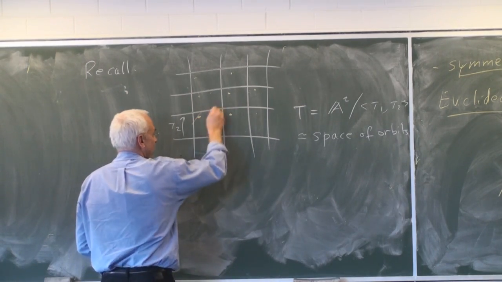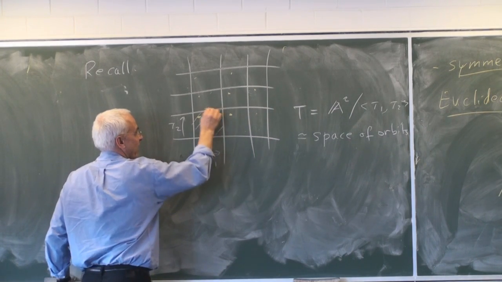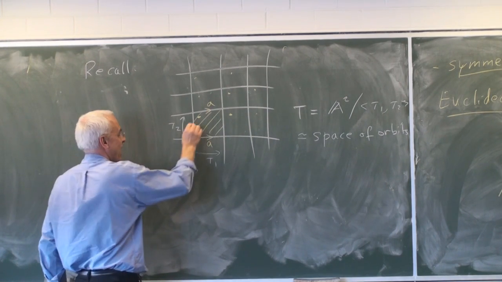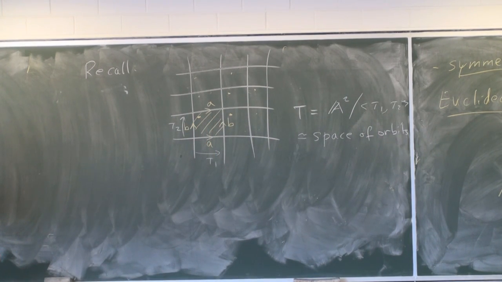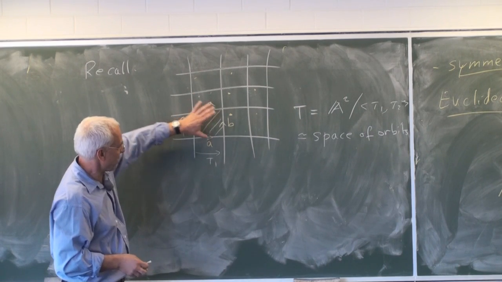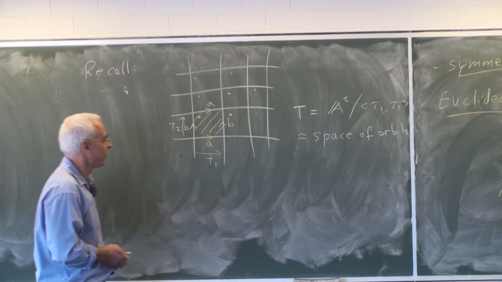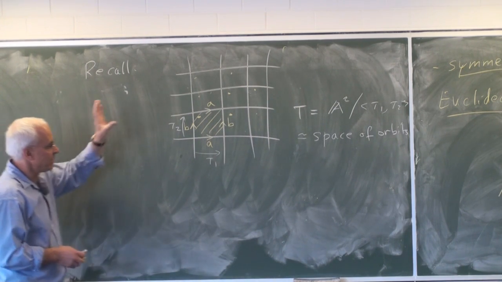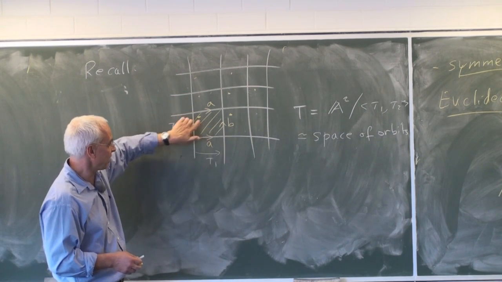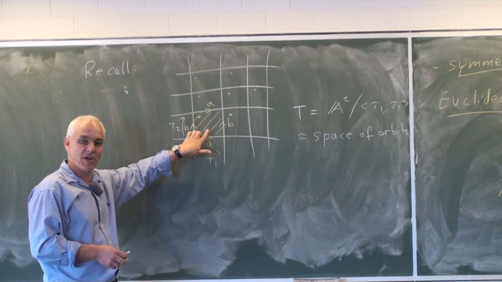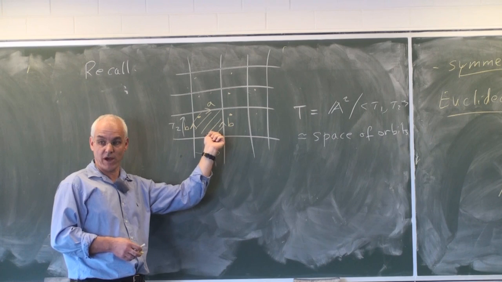Well, we can think then of the torus as being a square like this, with this side identified with this side, and this side identified with this side. So we don't have to think about the entire plane. We can just think about the square with opposite sides identified, which is pretty well the same thing as thinking about space of orbits. And it's in this way that the torus gets its Euclidean structure, because now we can do geometry on the torus just by doing ordinary geometry on the plane, restricting ourselves to this square.